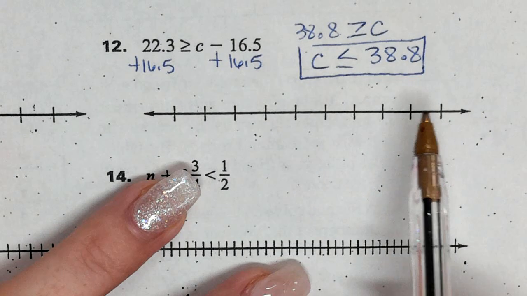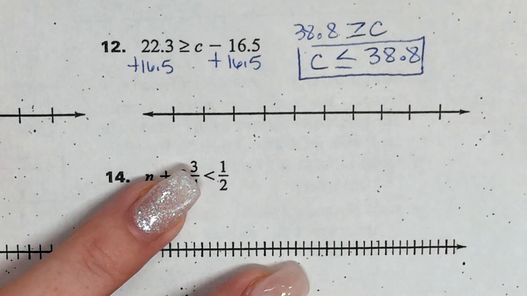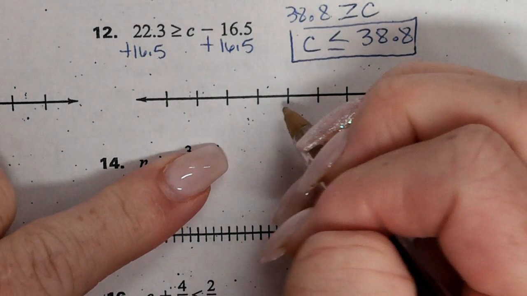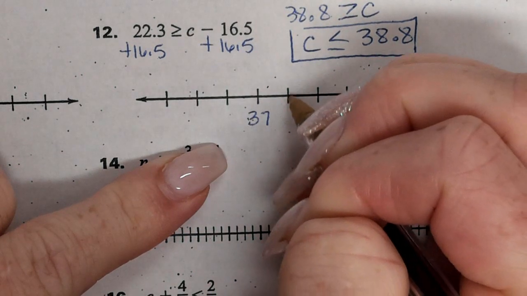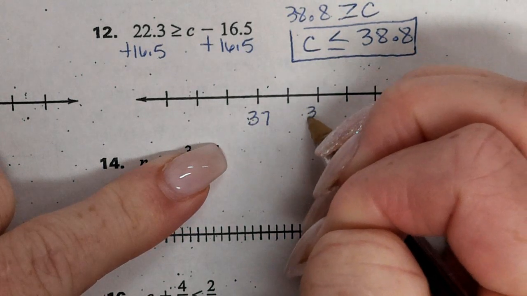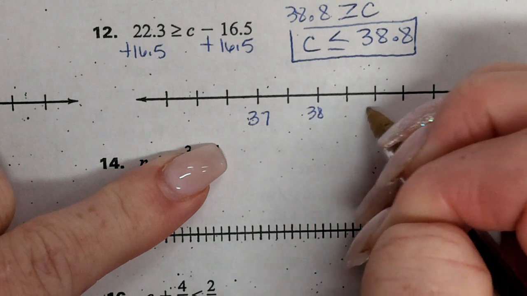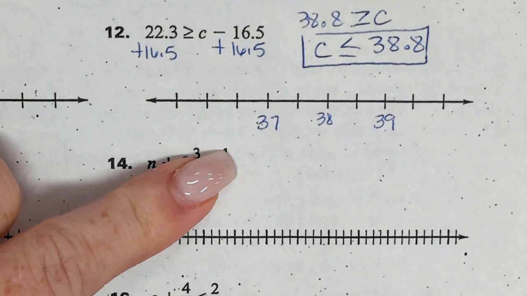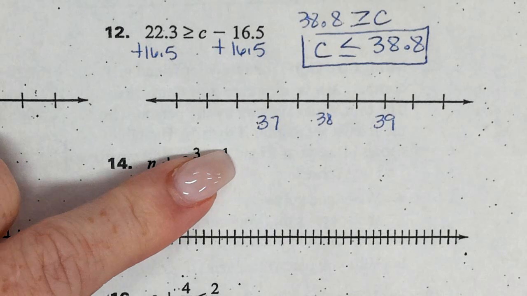Okay, then I'm going to go over here. Notice they did not give you any numbers. I honestly don't care how you number it, but it needs to make sense, okay? So if you want, put this will be 37, this will be 37 and a half, 38, 38 and a half, 39. I want at least 3 numbers on there so I can see what's going on.